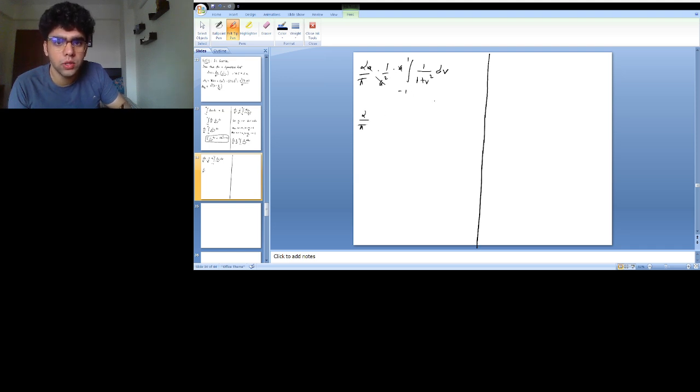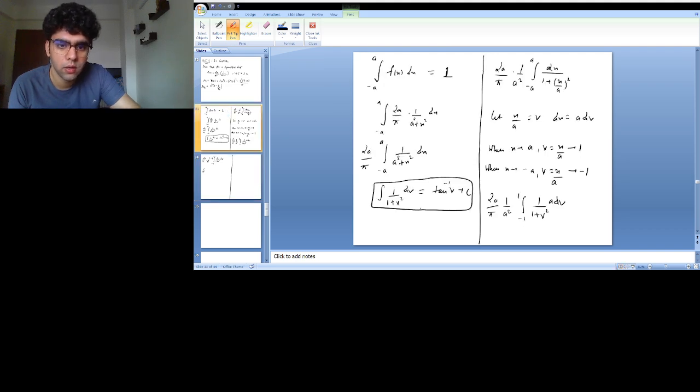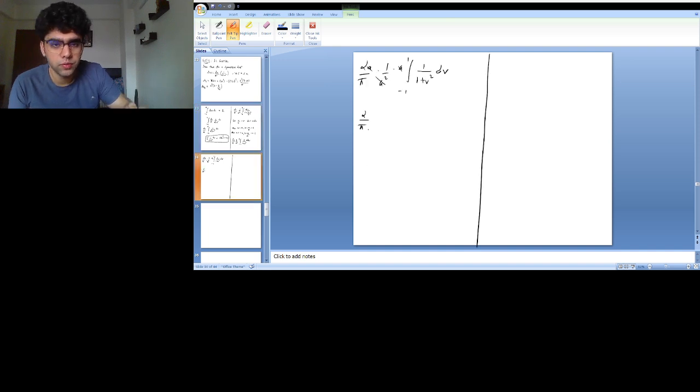Now this is tan inverse v. I showed you in the previous slide this property, right? So this becomes 2 upon pi tan inverse v from minus 1 to 1. These are my limits. So this becomes 2 upon pi, tan inverse 1 minus tan inverse minus 1.